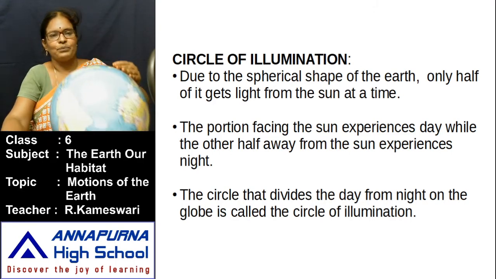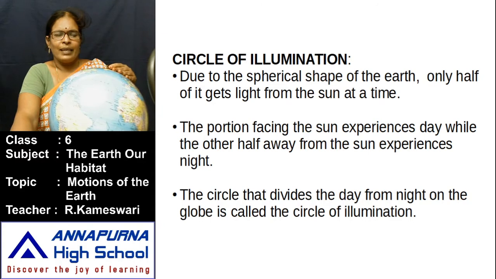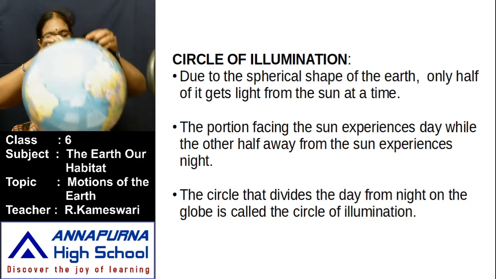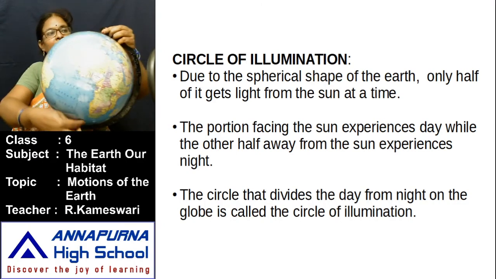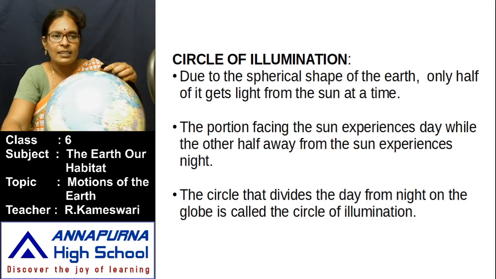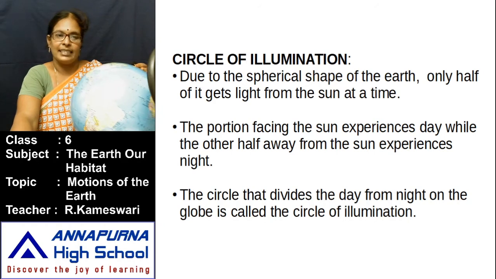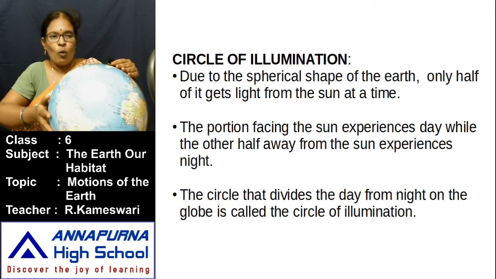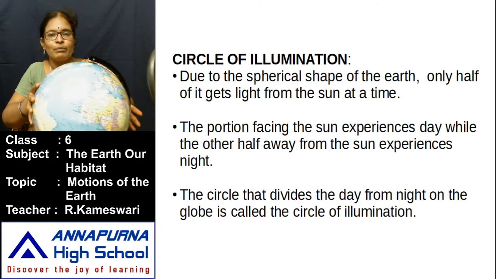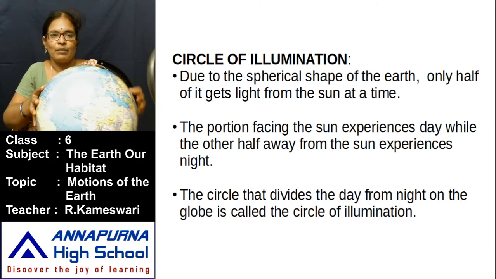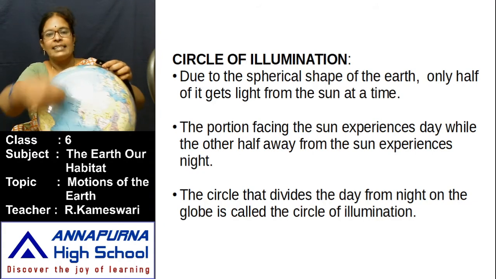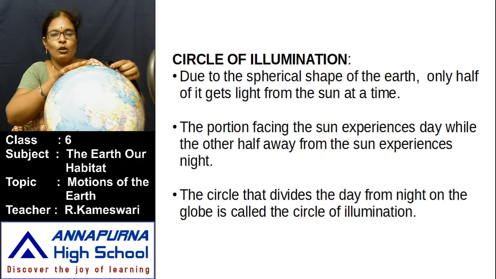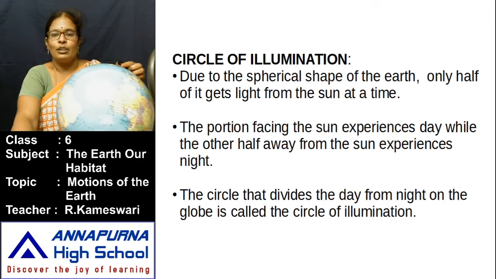The part of the earth which receives the light from the sun is called the circle of illumination. The portion facing the sun experiences day, while the other half away from the sun experiences night. The circle that divides day from night on the globe is called the circle of illumination.